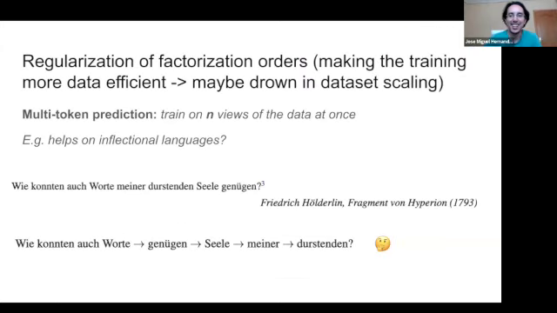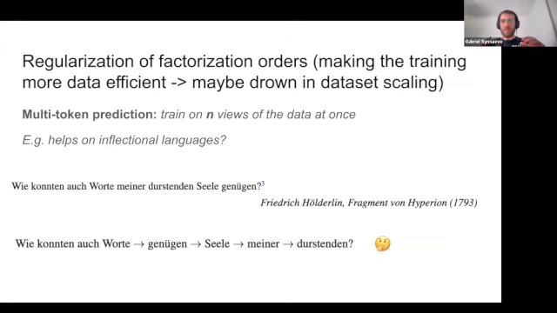Okay. Cool. So why does this matter? Basically, we're training on n tokens, so we are training on n views of the data. And it may simply matter for inflectional languages, for instance. If you look at this German sentence, you need to read it almost from right to left, because Göttingen is going to tell you Ziel, which is going to tell you minor, which is going to tell you Durchstanden.